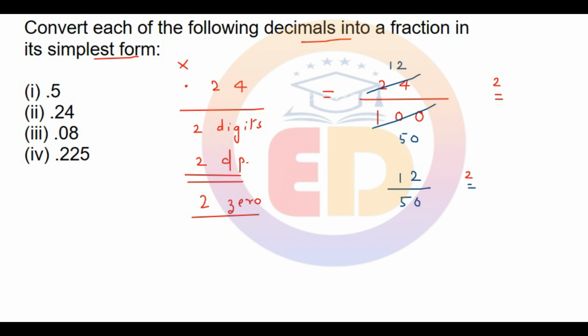Let's further divide them by 2. 12 divided by 2 will give me 6. 50 divided by 2 will give me 25. So 6 upon 25. Further conversion to simplest form is not possible. So this is our final answer. So 0.24 into the simplest form becomes 6 upon 25.